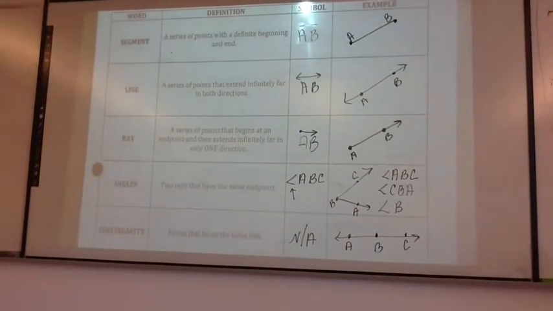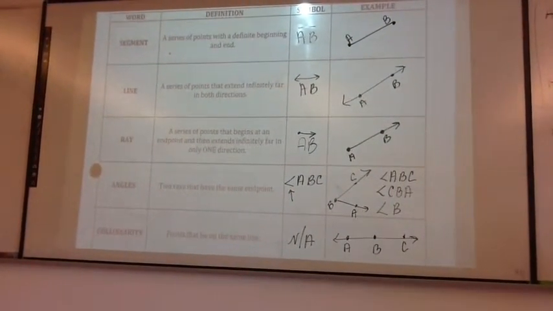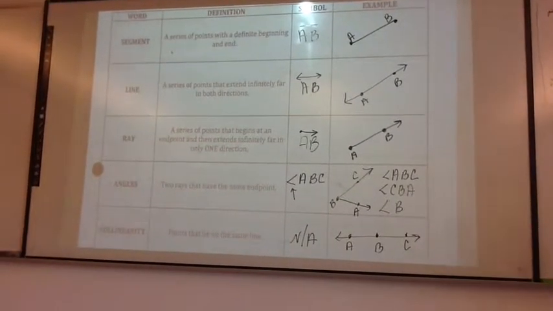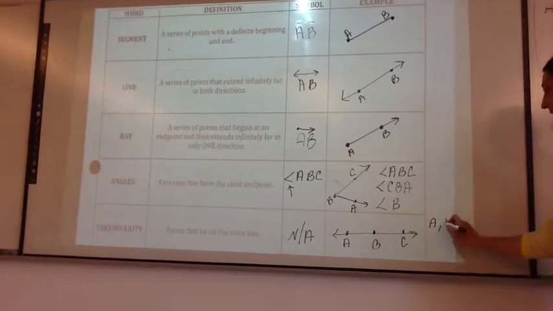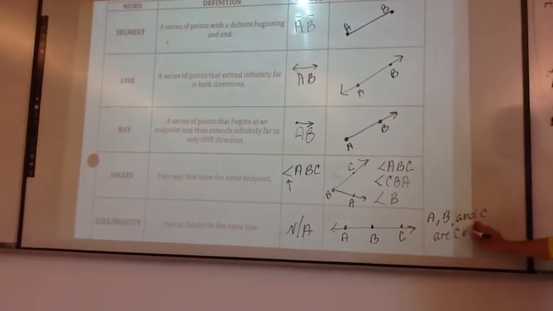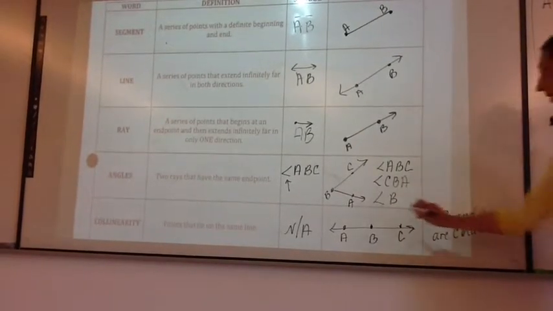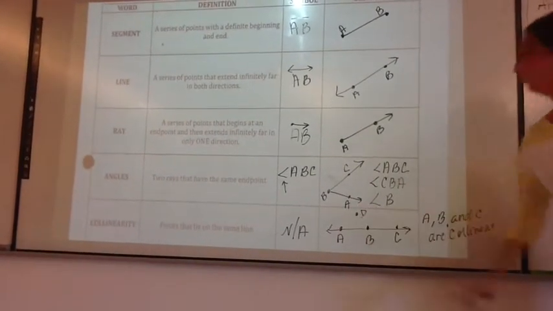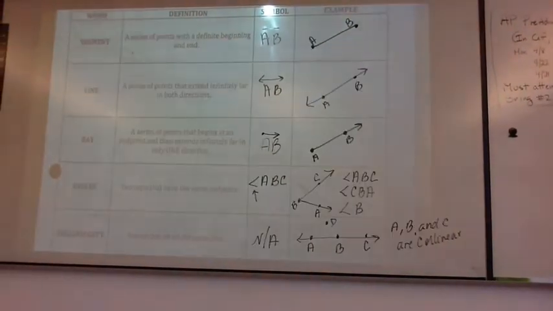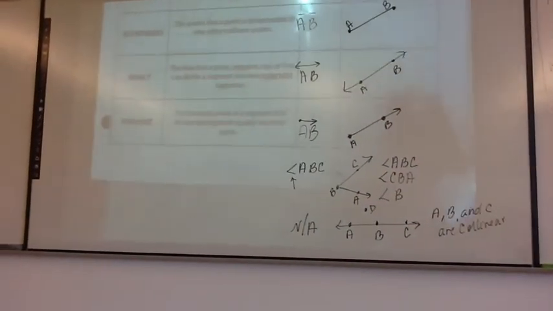You would simply say that points A, B, and C are collinear. Is D, some random point off the line, collinear with A, B, and C? No. Okay? All vocab.